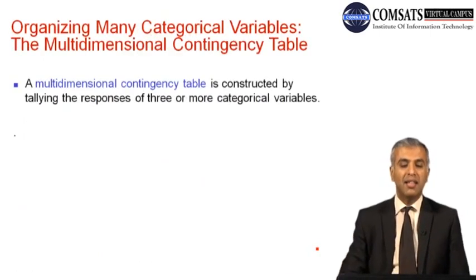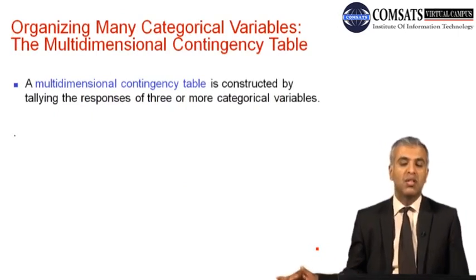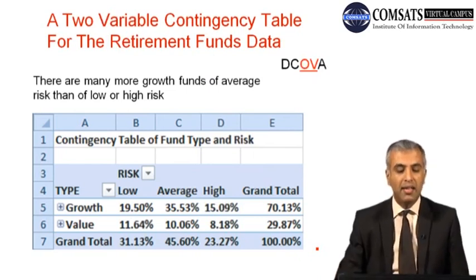Then again, under the contingency table in categorical variable display, multidimensional contingency tables are also used, and we can use 3 or more categorical variables in this case. This is just one example, where we are comparing growth funds and value funds, and the grand total is given in the row.